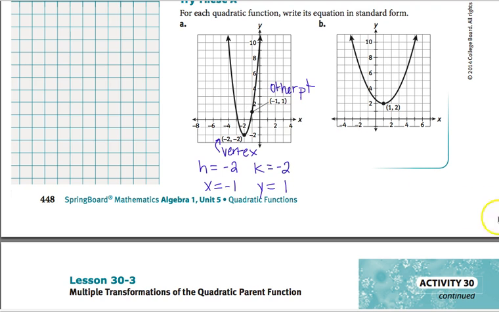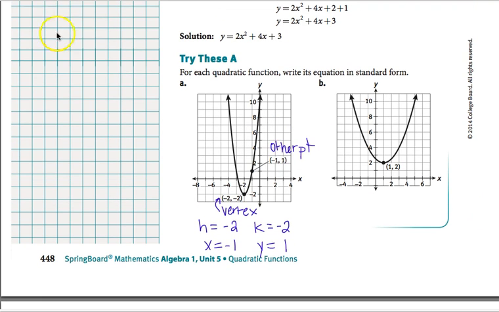So now we use the same equation that we wrote before. We're going to use y equals a times (x minus h) squared plus k, and we're going to plug these values in. So in place of y, I'm plugging in 1. So 1 equals a, which I don't know, so that's going to stay a.